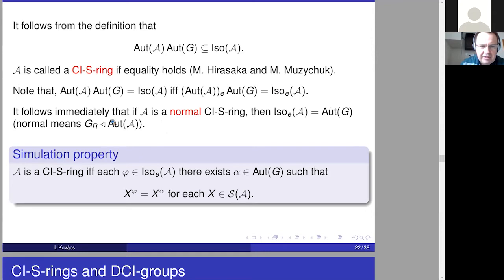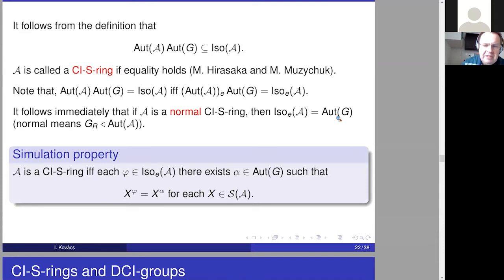And just a simple observation, which is useful sometimes: we know that isomorphisms are not groups, but if the CI S-ring is normal, which means the group of right multiplications is normal in the full automorphism group, then this product just gives you the full automorphism group.